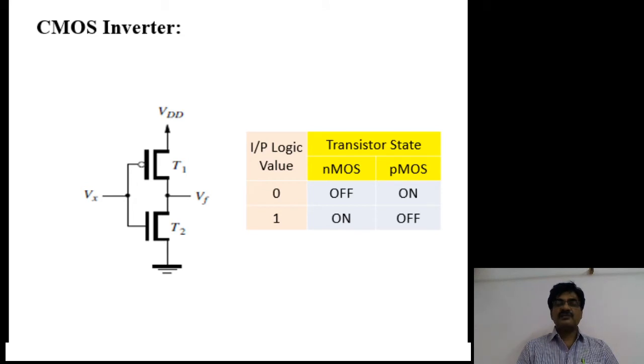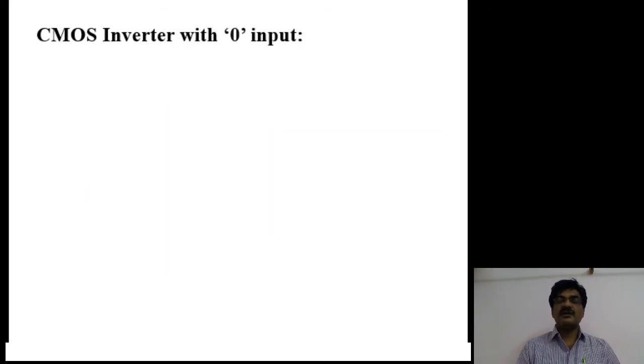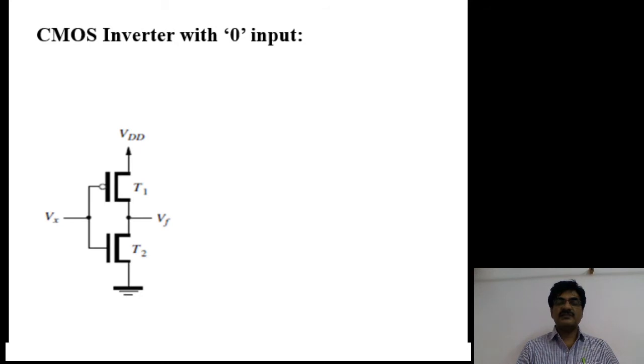Then let us observe the functionality of this inverter by applying logic 0 and logic 1 separately. First of all, I am going to apply logic 0 as the input to the CMOS inverter. With logic 0 input, the state of the NMOS transistor is off and the state of the PMOS transistor is on.